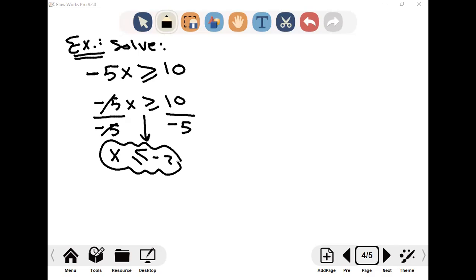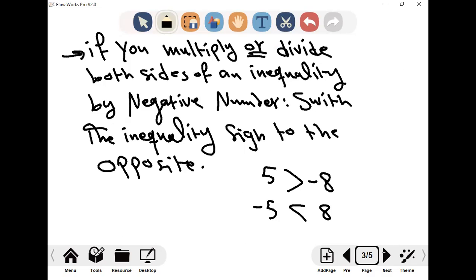The note is clear. If you divide or multiply both sides of an inequality by a negative number, switch the inequality sign to the opposite. So it's clear.